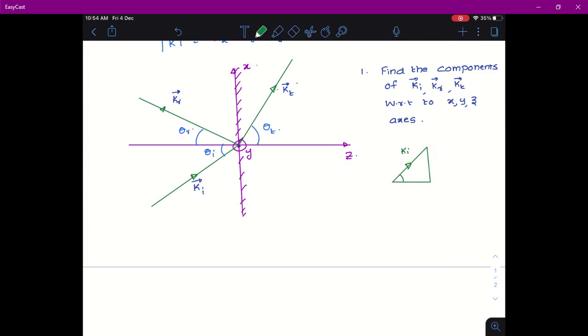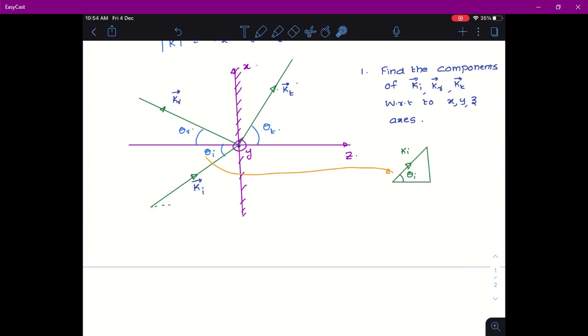And you see this angle ki makes with the z-axis is theta I, because if you create a parallel line for z-axis at ki, you see this angle is also theta I, which is what we have shown here.